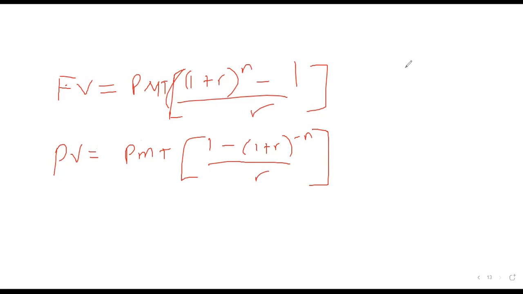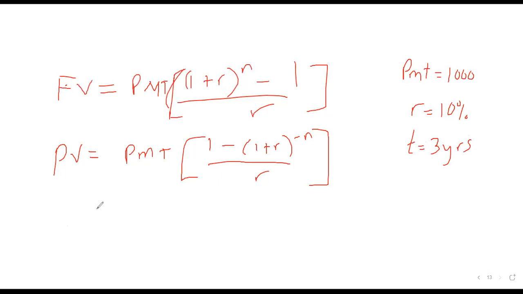So using the same question, if our equal periodic payment is 1,000, the interest rate is 10%, and the time is 3 years, you'll be asked to find the present value annuity and the future value annuity.